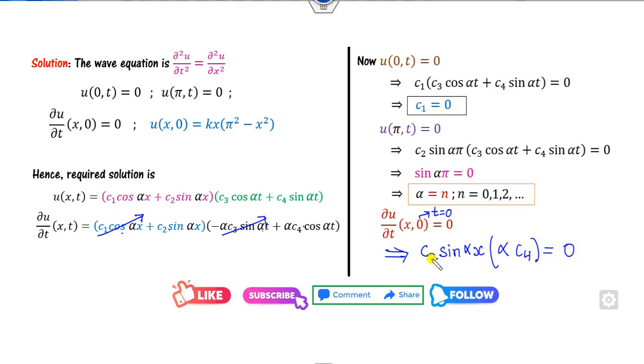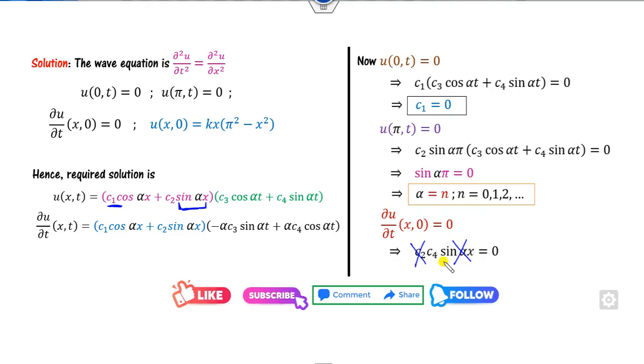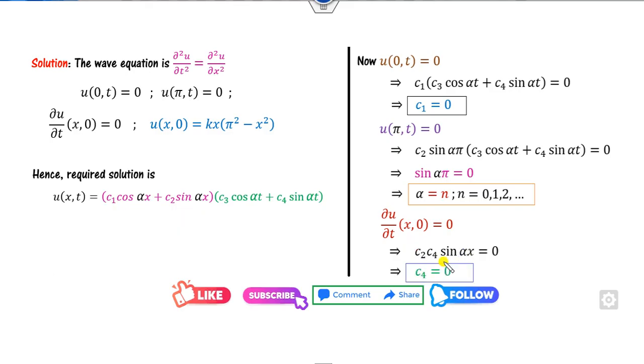Fine. So I can say C2 C4 alpha sin alpha x. Or alpha is non-zero. C2 again can never be 0. Sin alpha x again can never be 0, because if sin alpha x is 0, C1 is already 0, the whole quantity will be 0. Hence C4 is 0. I can substitute C1 and C4 in this case.